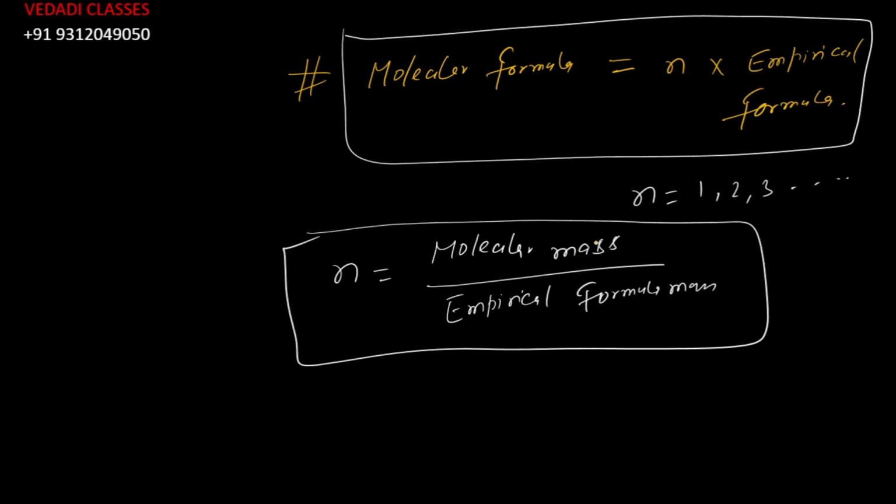N is the molecular mass, which in most cases will be given to you. Put the atomic masses into the empirical formula to get the empirical formula mass, then divide the molecular mass by the empirical formula mass to get the value of n. Put the value of n over here and you will get your molecular formula.